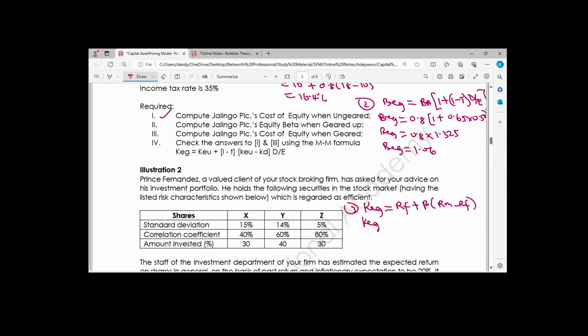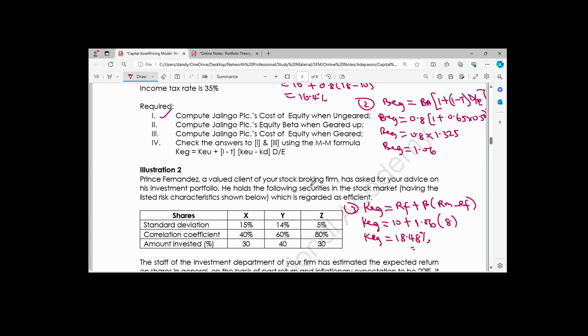So the cost of equity of a gear is equal to the risk-free rate of 10% plus the gear beta, 1.06, that we calculated, multiplied by the market return minus the risk-free rate of return. The difference between 18 and 10 is 8. Therefore, the cost of equity of a gear is 8 multiplied by 1.06, plus 10, equals 18.48%. You can see the way it's flowing. You have to know what to do at the right time.